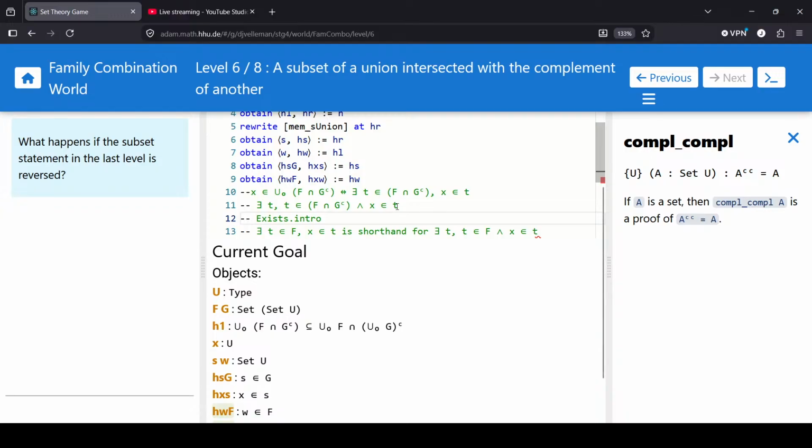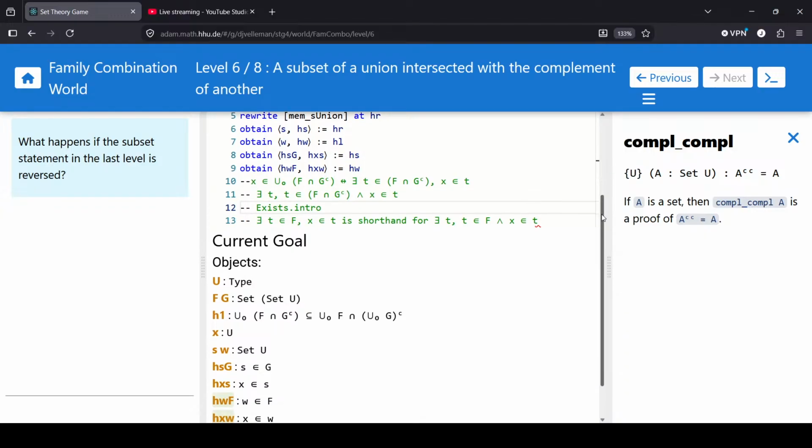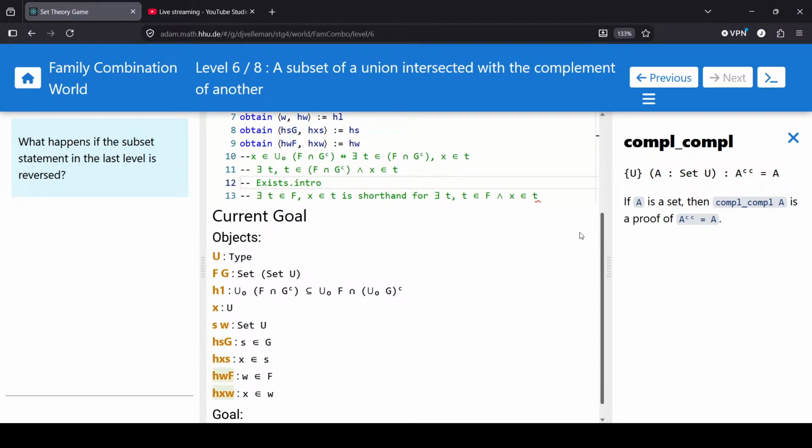Or I pick my t such that it's in G complement? Can I even do that?